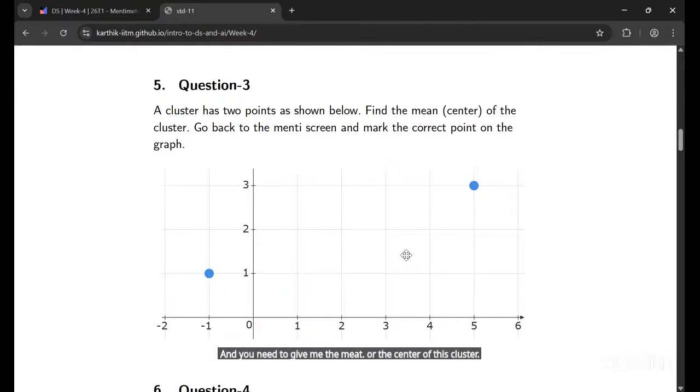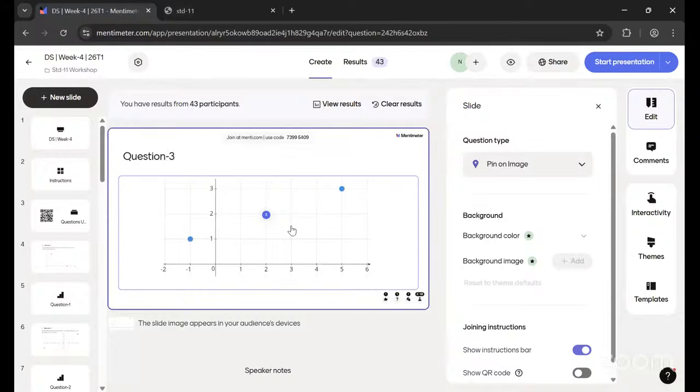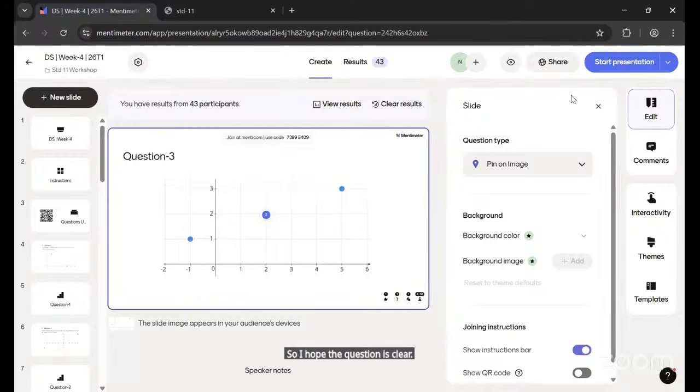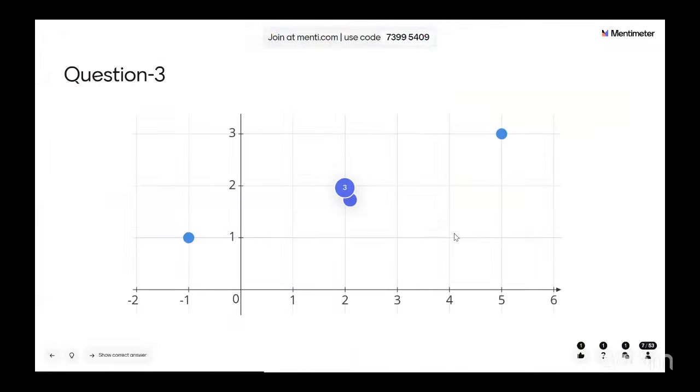And then I'll be showing you the Menti screen or the original slides and then you just have to mark the correct point on the graph itself. So I hope the question is clear. Yeah, please mark the point here on the graph.